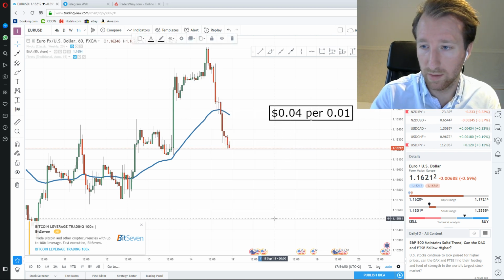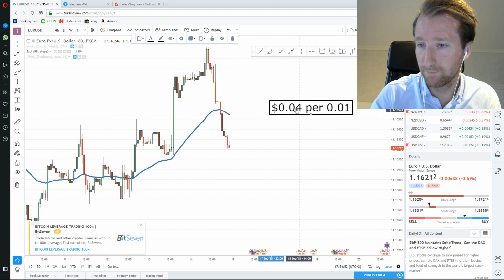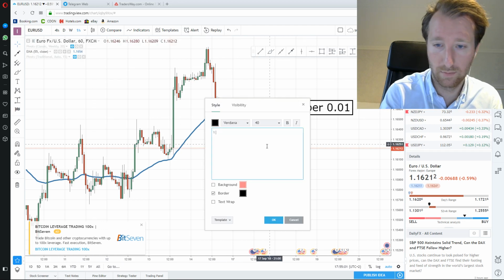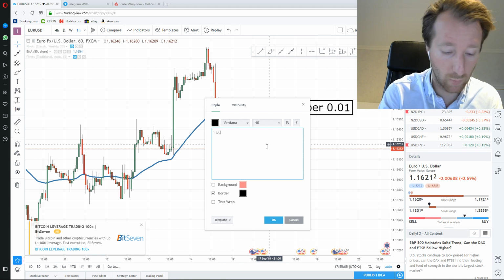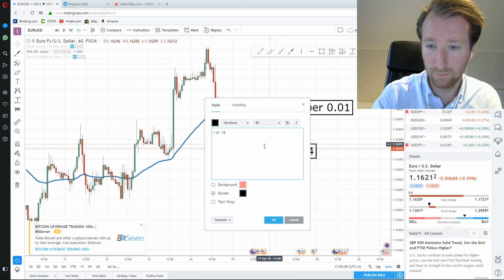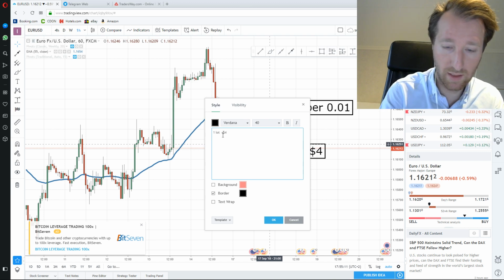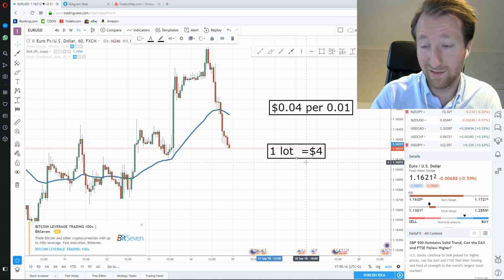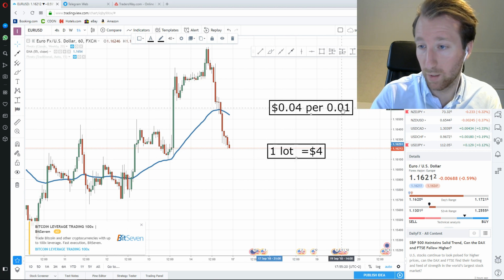So if you have one lot trade size, you would pay $4 for the majors. But for all the other currency pairs, you pay 0.06 per micro lot.